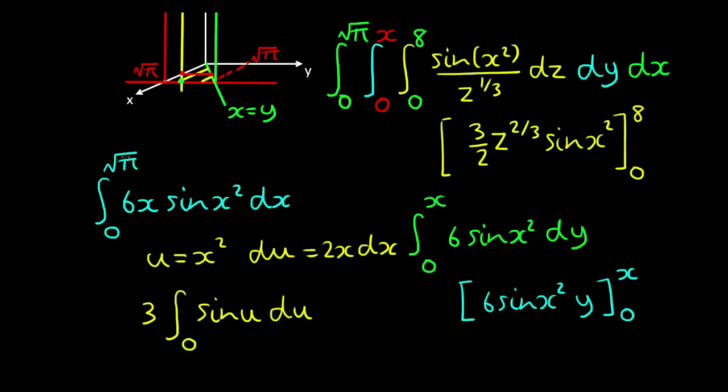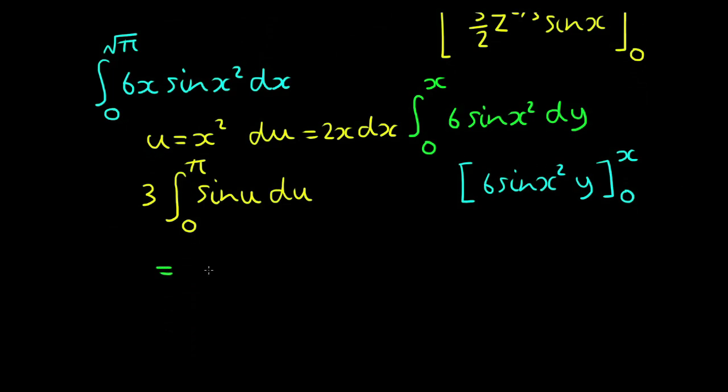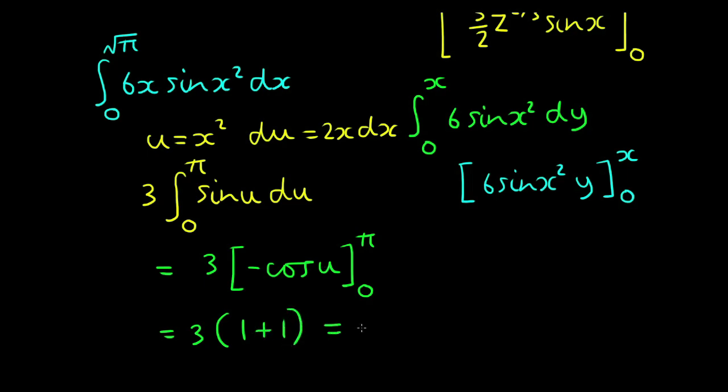And when x is root pi, u is equal to pi. So what we get is 3 by minus cosine u, evaluated from u equals 0 to pi, which is equal to 3 by minus cosine pi, which is minus minus 1, and minus minus cosine 0, which is 1. So the triple integral evaluates to 6.